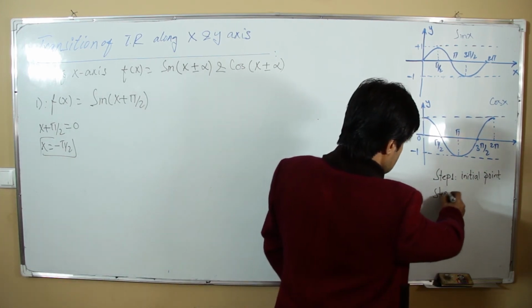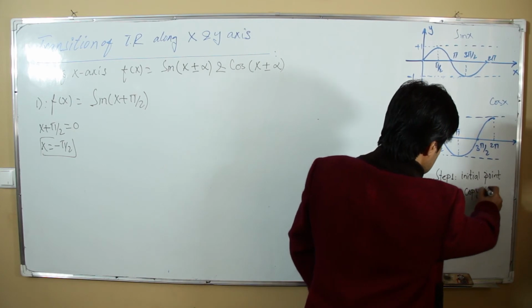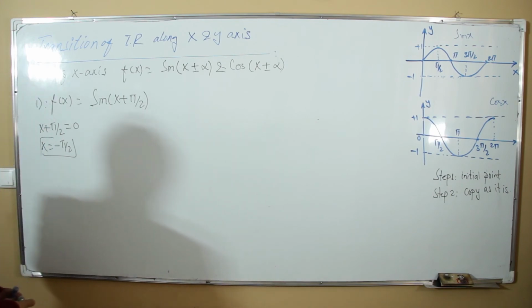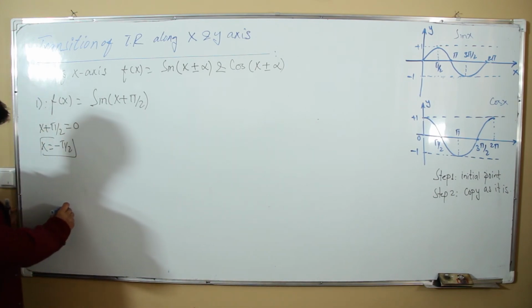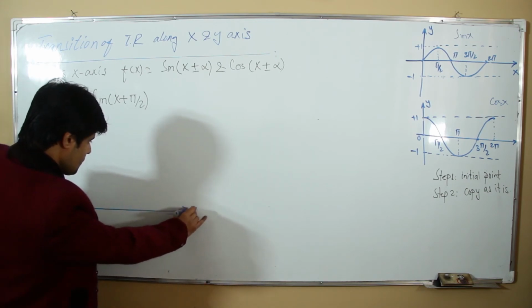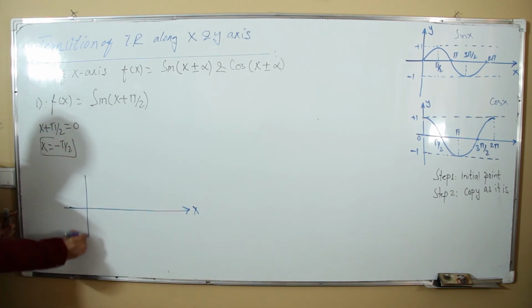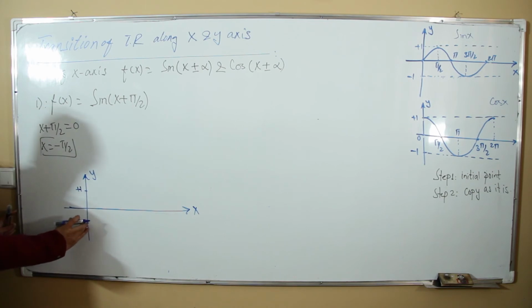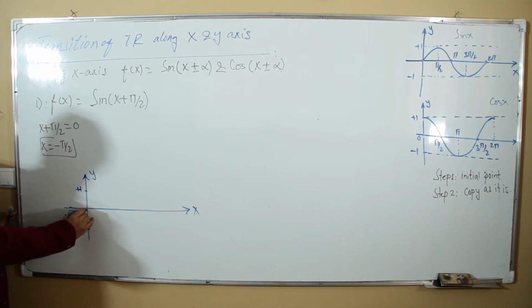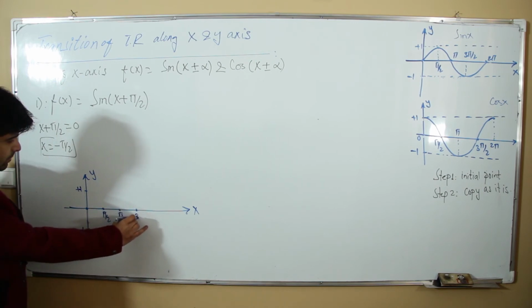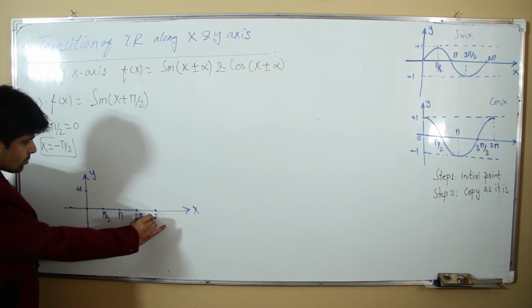Step number 2, copy it as it is. Finished. What do I mean? It means this is our x-axis, this is our y-axis, this is positive 1, this one is negative 1, it is 0, pi by 2, pi, 3 pi by 2, and 2 pi.